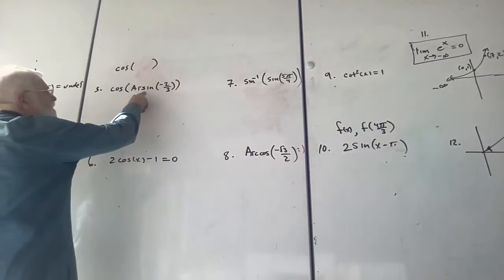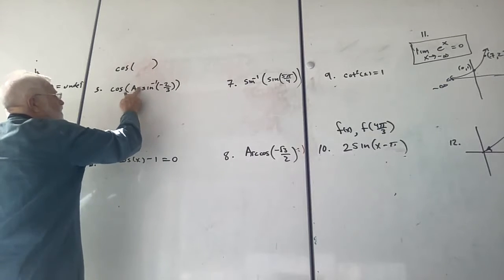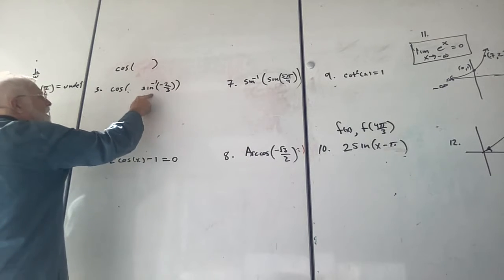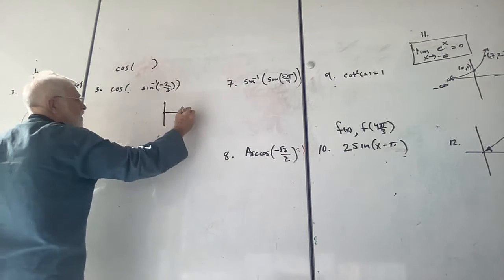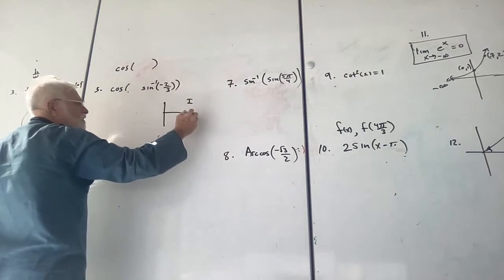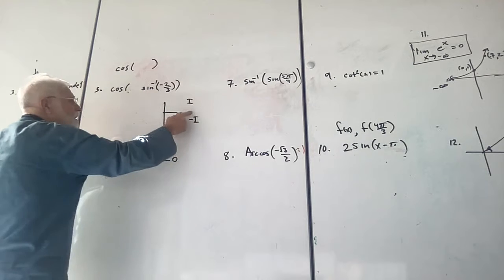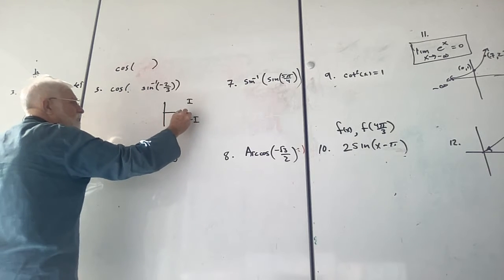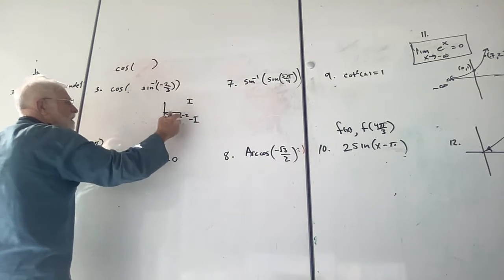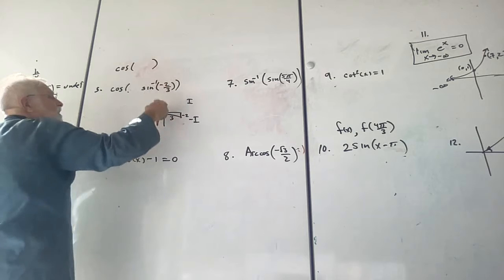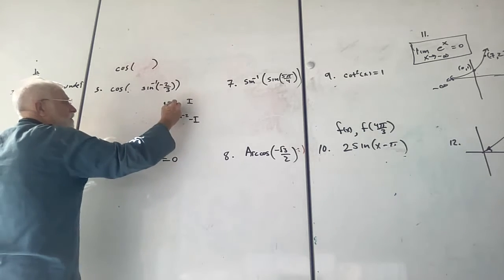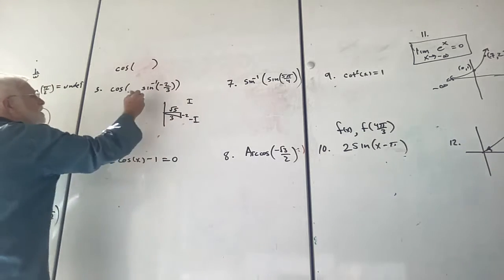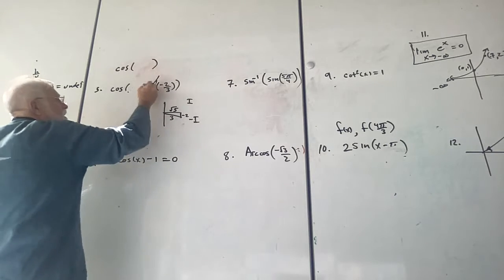So this arc sine is the same thing as saying inverse sine. All right, and I don't see a famous ratio here. So I have to decide, do I want to draw this in the first or the negative first quadrant? I definitely want to draw it in the negative first. So that's the opposite to hypotenuse ratio. And a little Pythagoras finds the square root of 5 because this gives me an angle.